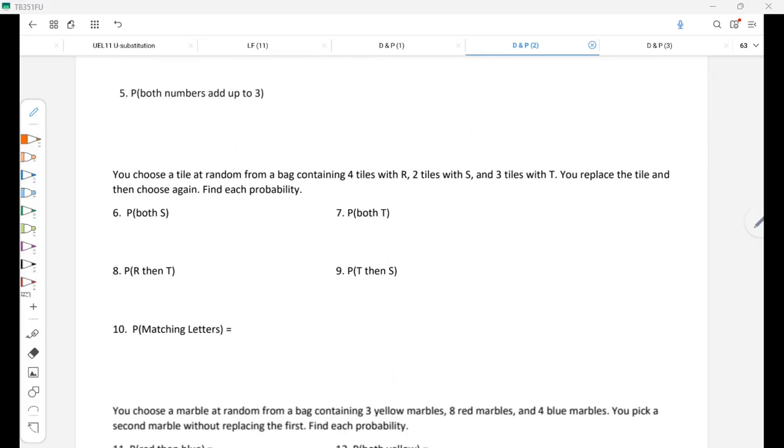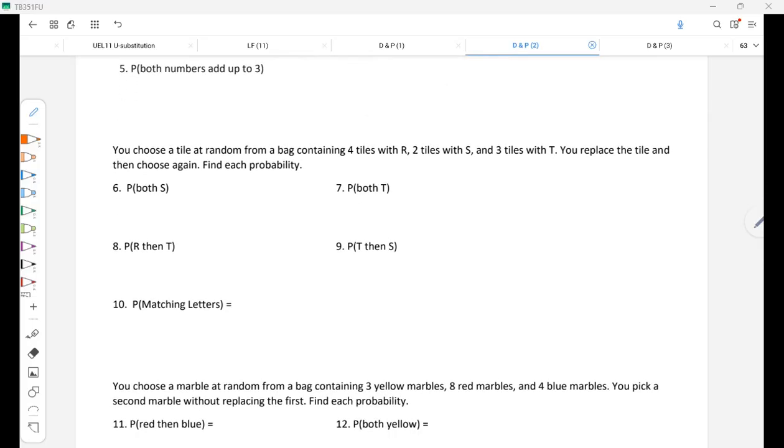Looking at 6 through 10, and again, I'm really only going to focus on 6 through 9 because we're going to look at the other problem in the actual stuff we look at next. Depending on how it was written, when you see this probability where both things are S, this is saying I'm picking tiles out of the bag, and on both of my picks, I get an S. So there are 2 S's in the bag, and when you add up the numbers, 4 plus 2 plus 3, you should get 9.